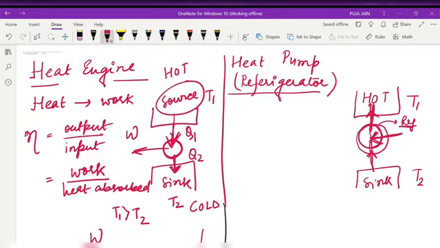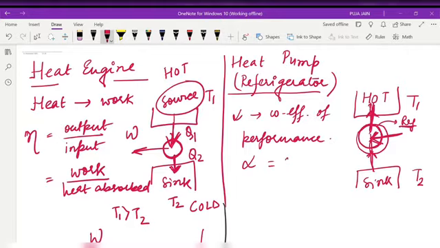So here, instead of eta, we define another term. This is alpha, which is called the coefficient of performance. Now this alpha is again just like eta, output by input. Now here, what is the output? Suppose this is Q1 and this heat transfer is Q2.